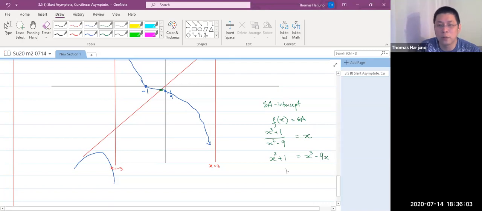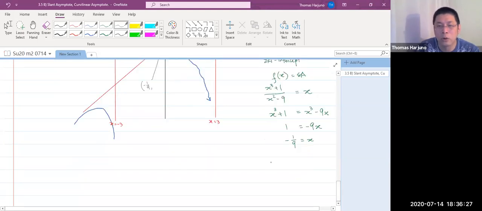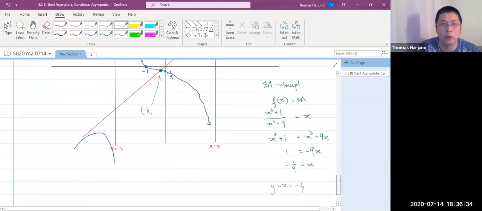With that solved, I get 1 equals negative 9x, so x equals negative 1/9. So the coordinate here must have x equal to negative 1/9. And the y? We know that line is y equals x, so if x is negative 1/9, y will also be negative 1/9.